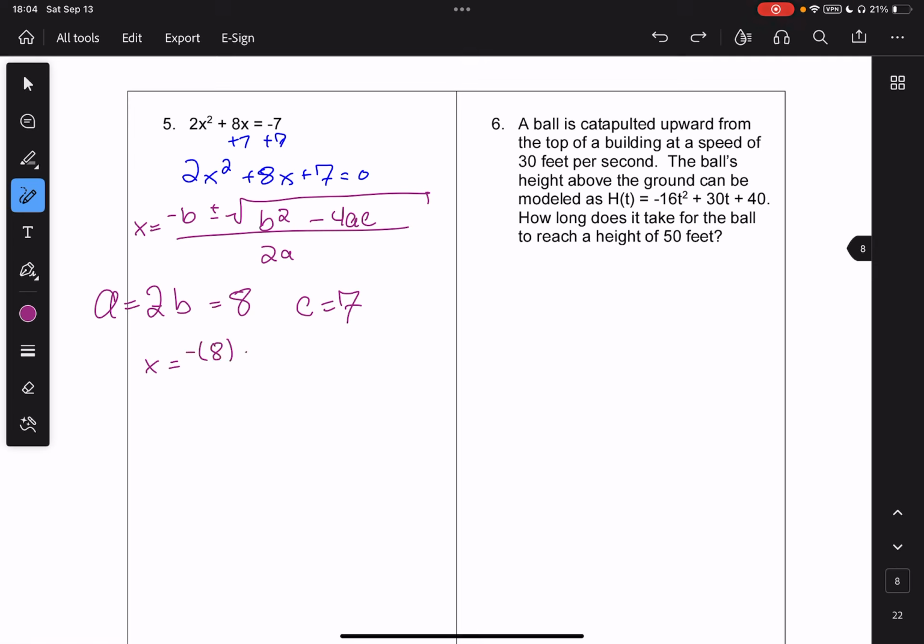So negative 8 plus or minus the square root of 8 squared minus 4 times a times c all over 2a.